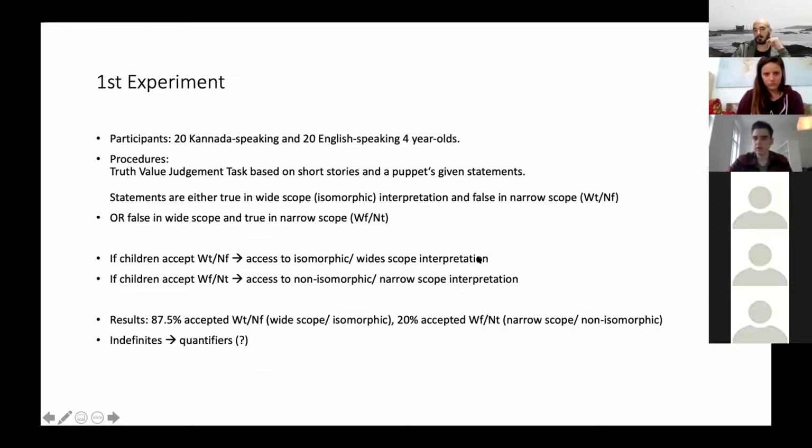And the results after this experiment were just as we expected. Children seemingly prefer the wide scope interpretation, just the way they do in sentences involving quantifiers and negation. This leads us to ask if children treat indefinites as quantifiers, and here it seems as if they do. Okay, so treating indefinites as quantifiers would make sense here.